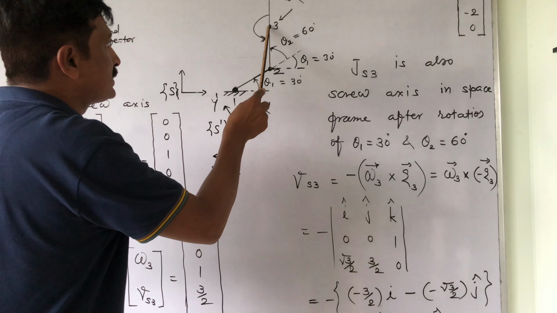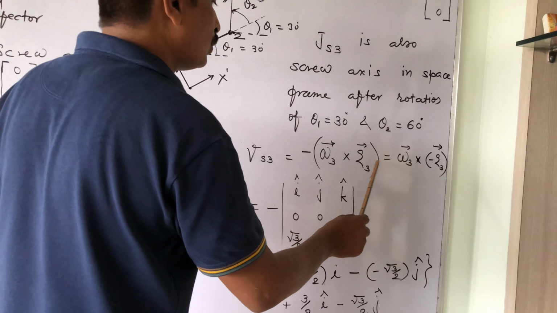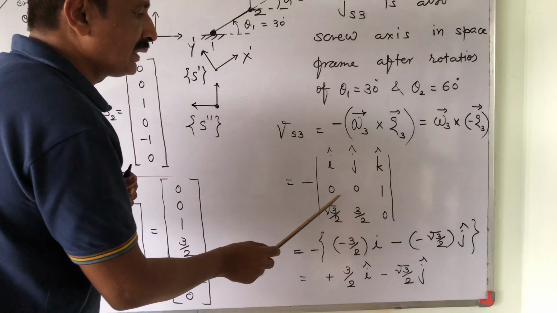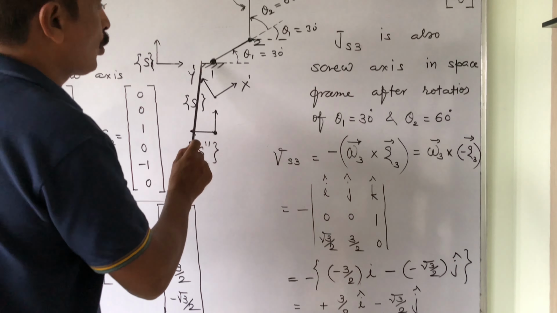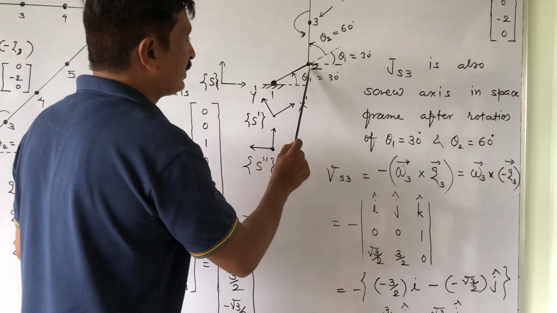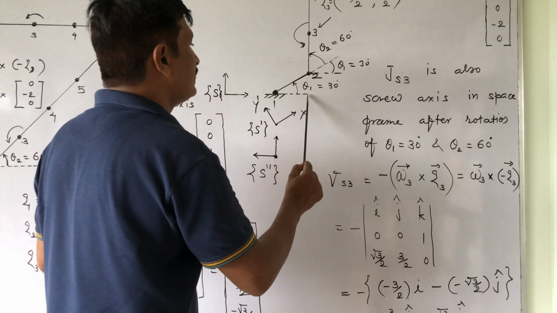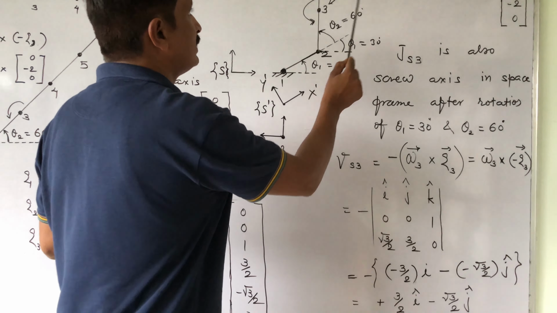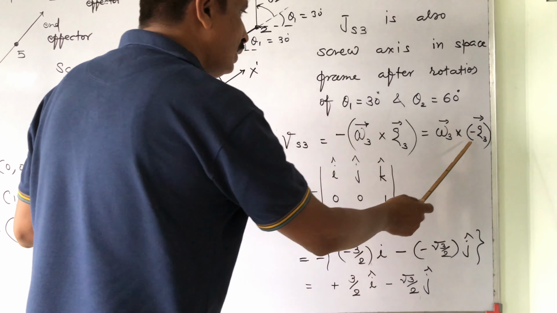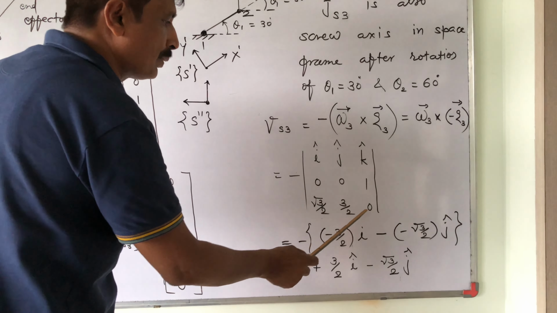So minus of omega 3 cross q3: minus of i j k, omega 3 is 0, 0, 1. And according to geometry, this is 1, so it is 1 cos 30, the x coordinate, and 1 sin 30 plus 1, that is 3 by 2, the y coordinate. So the minus sign is put here: i j k, 0, 0, 1, root 3 by 2, 3 by 2, 0.